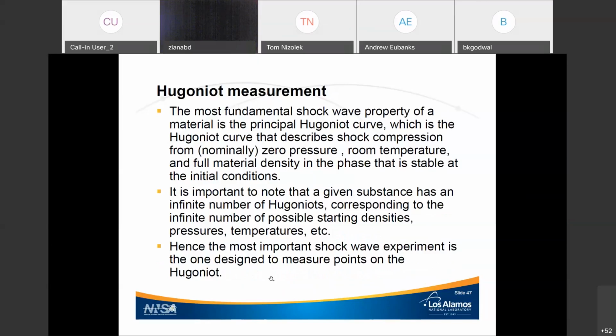Now, there are lots of experiments that one can talk about. The most fundamental is measuring the Hugoniot, because if you don't know the Hugoniot of a material, you don't know how it behaves in shock compression. So usually when we measure the Hugoniot, it's the principal Hugoniot, not always. Like I said, people have measured Hugoniots of porous materials in particular.